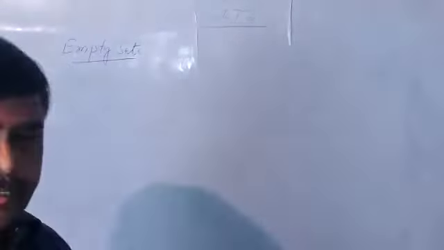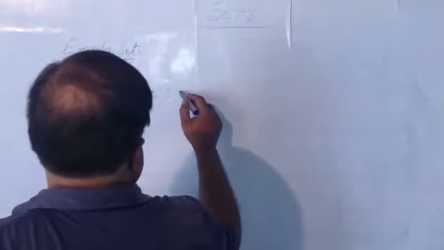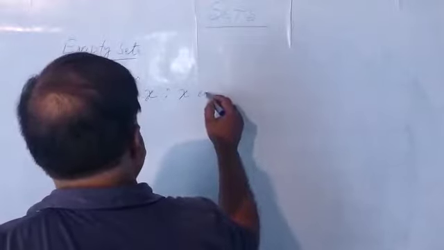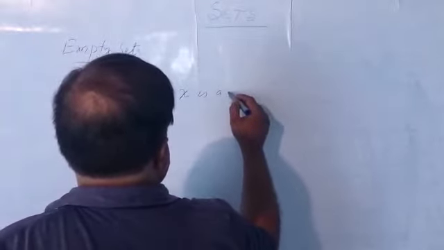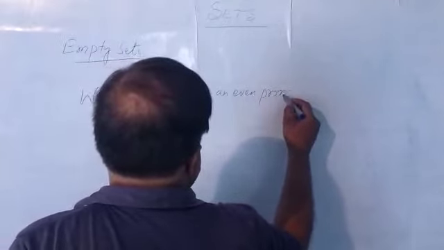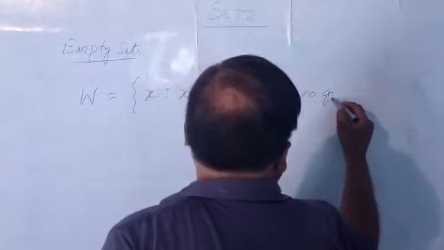Suppose another set W, where W is the collection of all x such that x is an even prime number greater than 2.